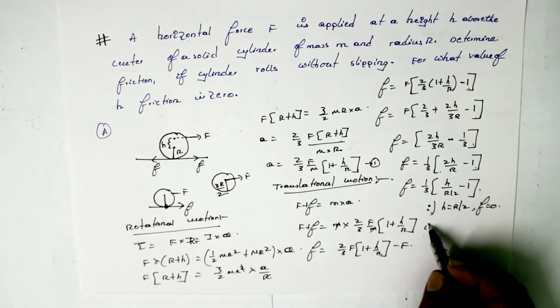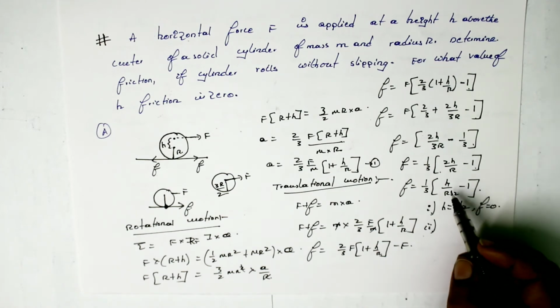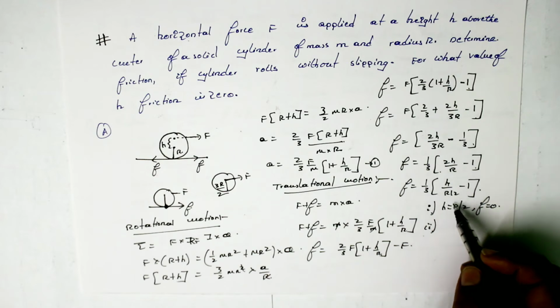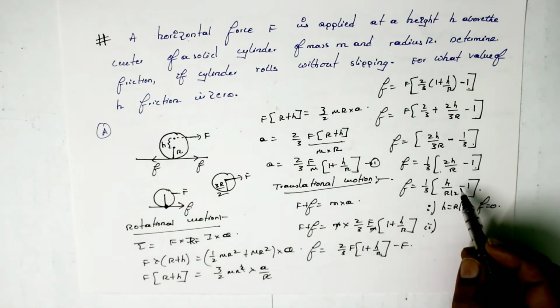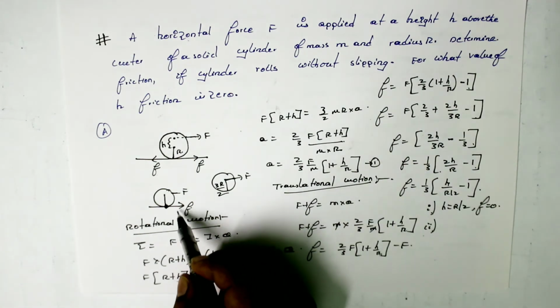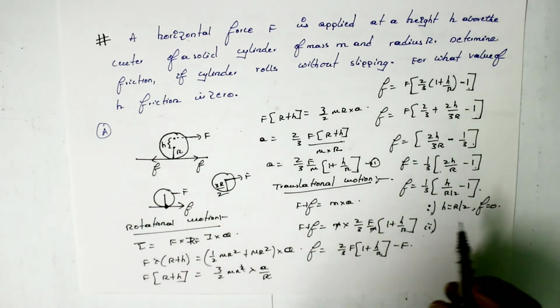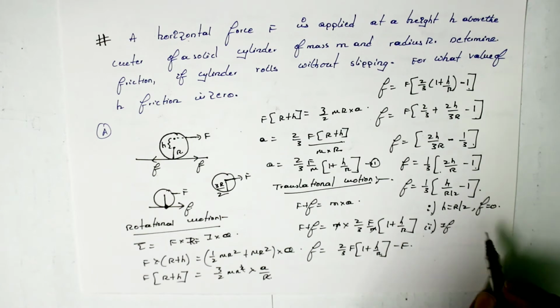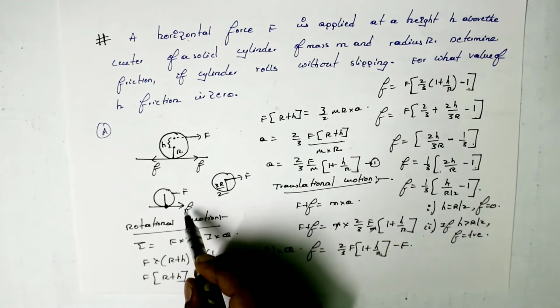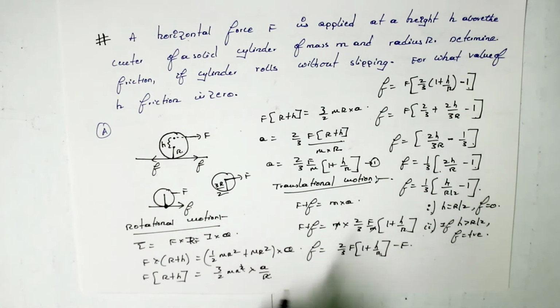Now the second condition is also there. If H is greater than R by 2, then H by (R by 2) will become greater than 1, so friction becomes positive. It means my previous assumed direction of friction is correct.